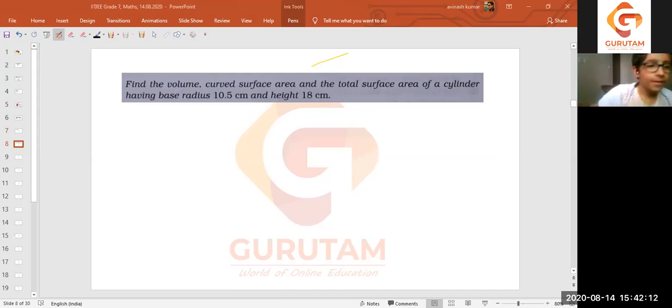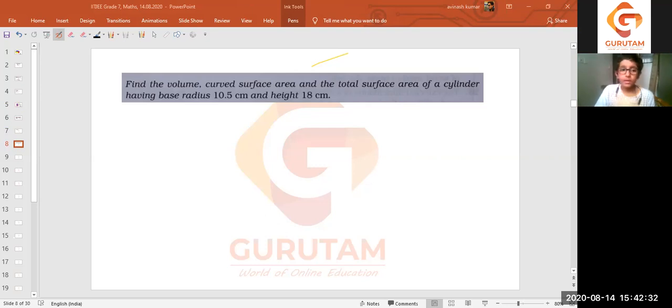Find the volume, curved surface area and the total surface area of a cylinder having base radius 10.5 centimeters and height 18 centimeters.